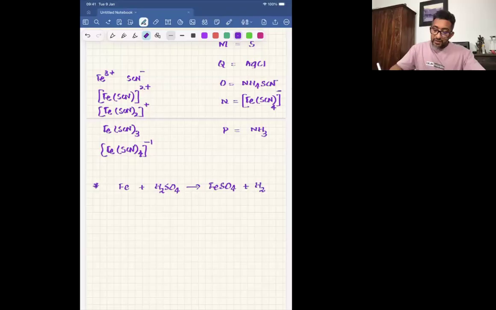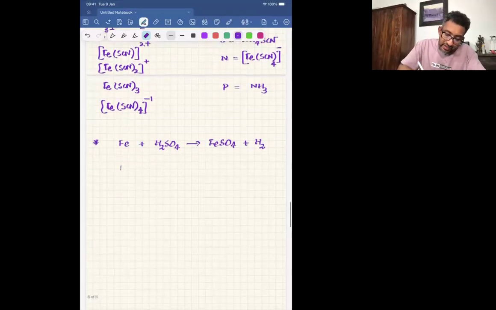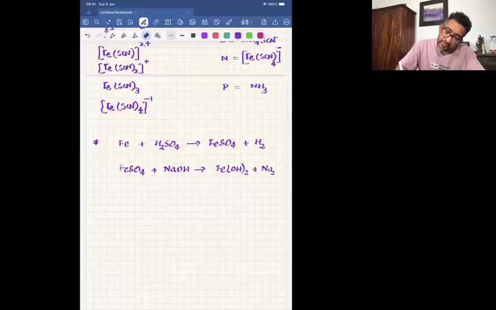Then you take this ferrous sulfate and add sodium hydroxide to it. You get ferrous hydroxide, Fe(OH)₂, and sodium sulfate. Ferrous hydroxide is the precipitate that you get.